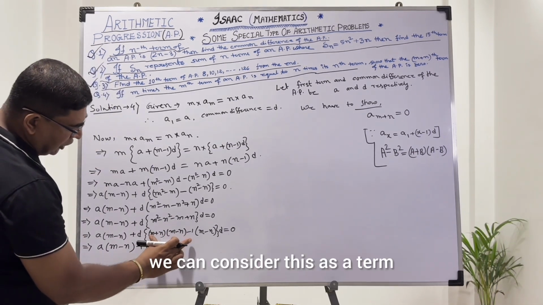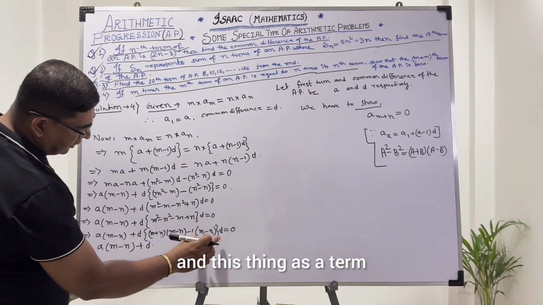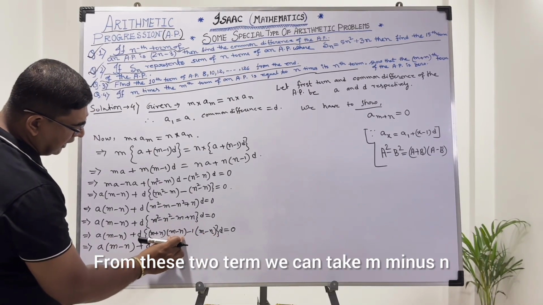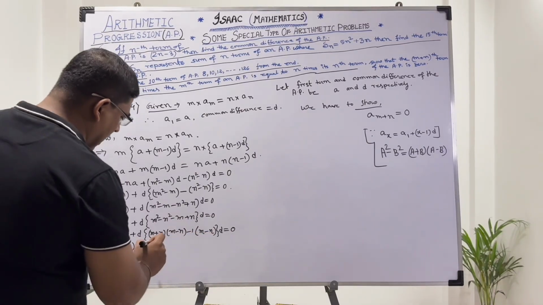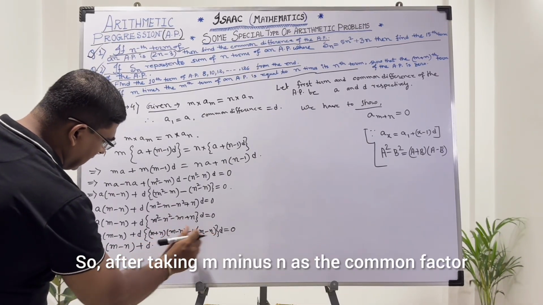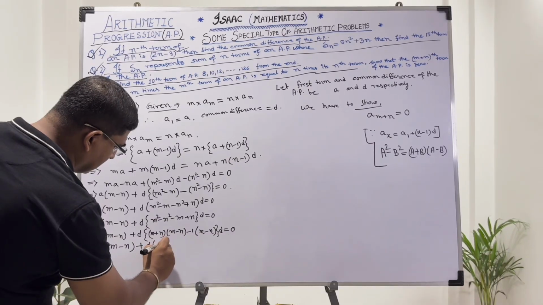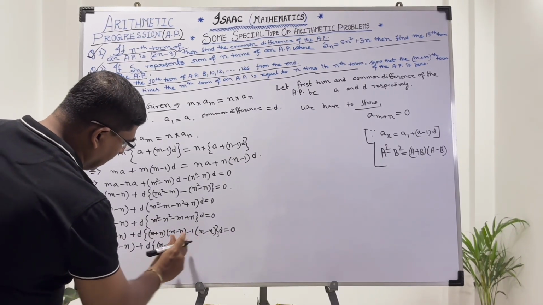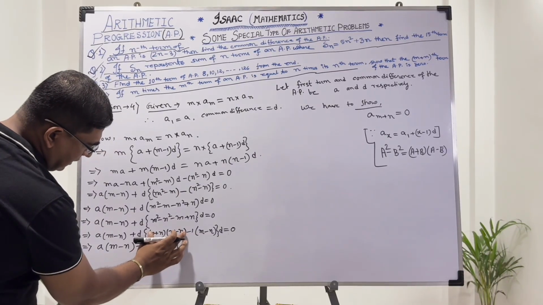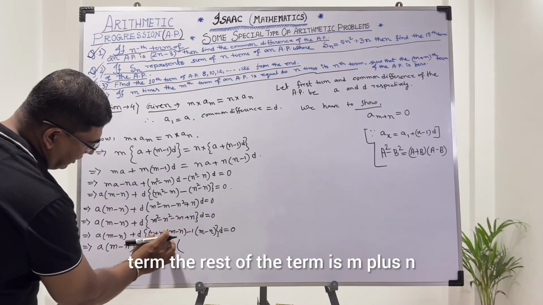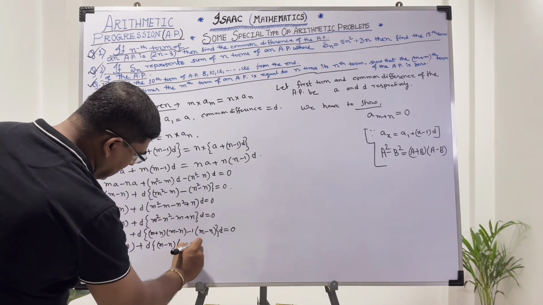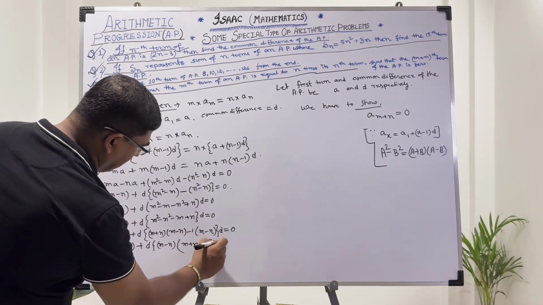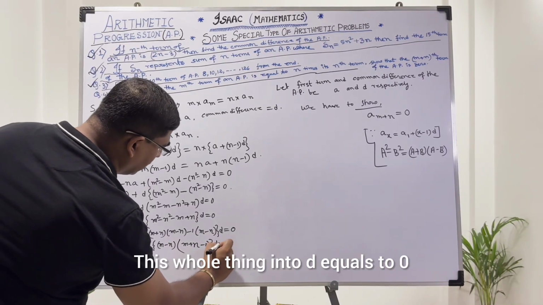Now we can consider this as a term and this as a term. From these two terms, we can take m minus n as the common factor. After taking m minus n as the common factor, we get m minus n whole into: in the first term, the rest of the term is m plus n, and in the second term, the rest is minus 1. This whole thing into d equals 0.